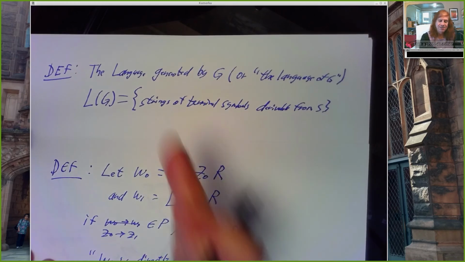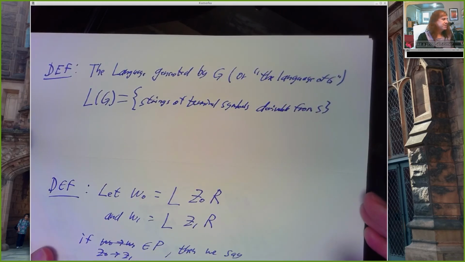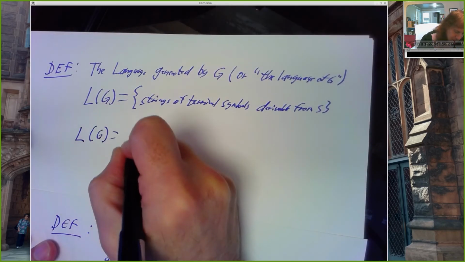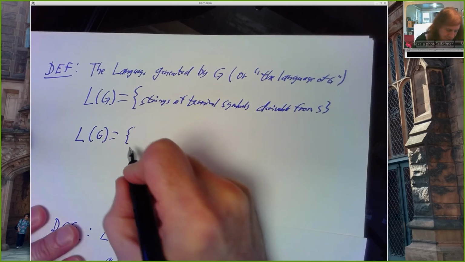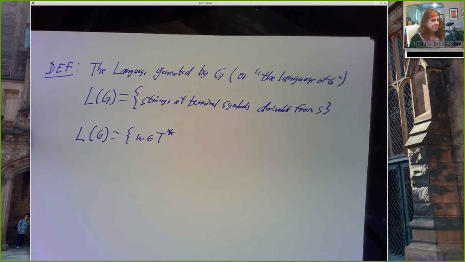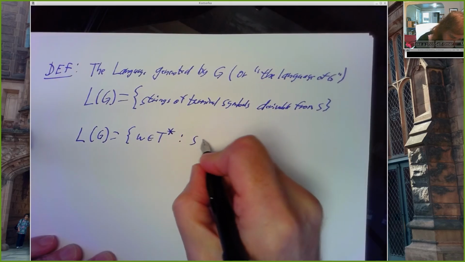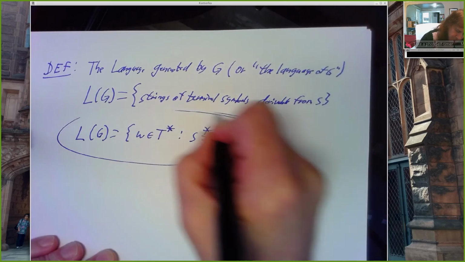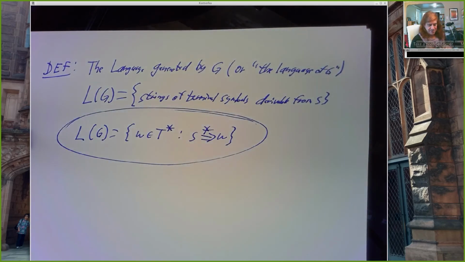Formally, we would say the set of all strings of terminal symbols derivable from S. And to write that even more succinctly, L of G equals the set of all words in T star which are derivable from S. So there's a one-sentence description of the language generated by a grammar. Nice set theory notation there.